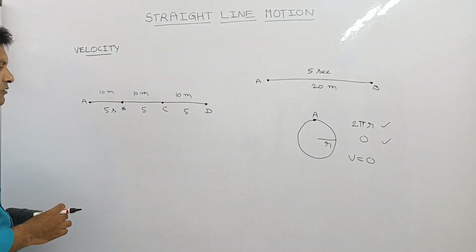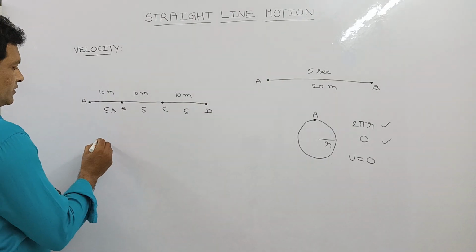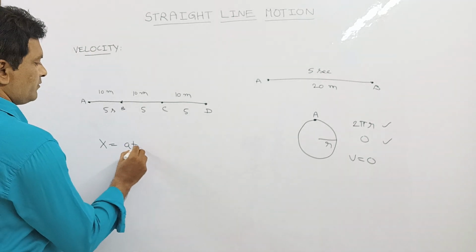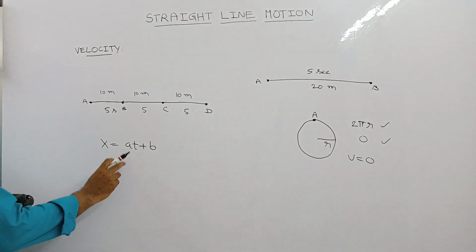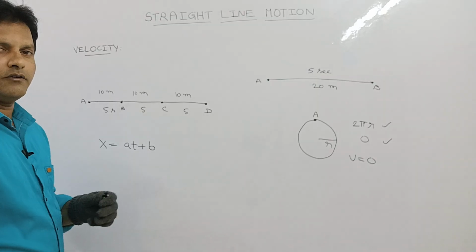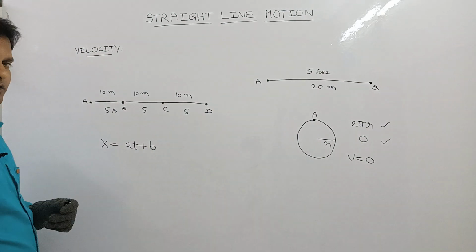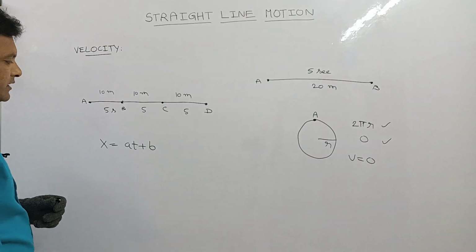If an object is moving with uniform velocity, the equation of motion can be written as x equals a t plus b. Here a and b are some constants. This x is the position or displacement of the object.